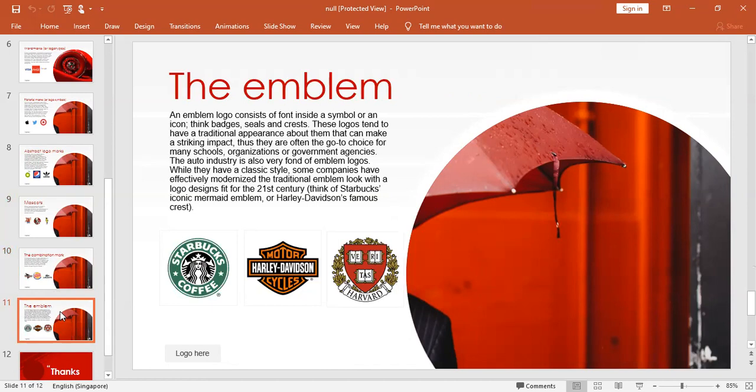And also the emblem. Emblems are used to create badges, in Harley Davidson and even Indian bikes, Pulsar and other bikes, and also, for an example, in vehicles like Nissan and even Ford Mustang, those companies use a logo which is embossed.